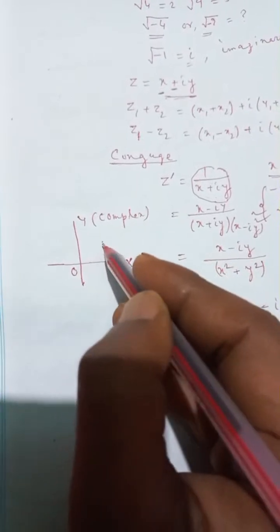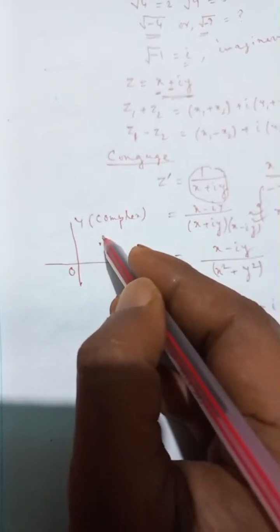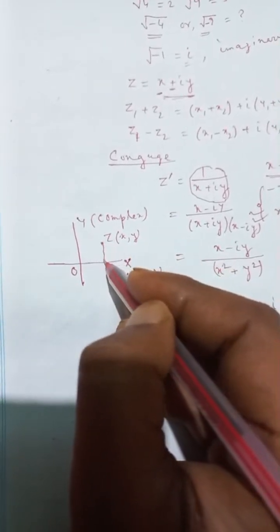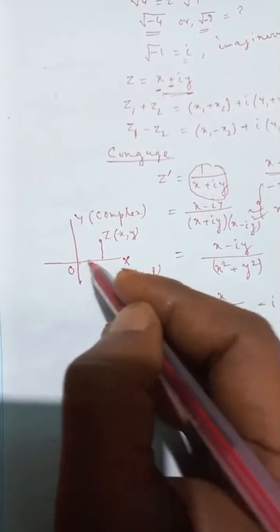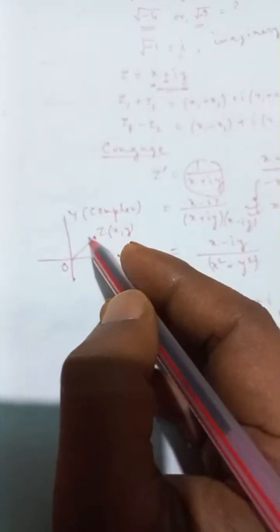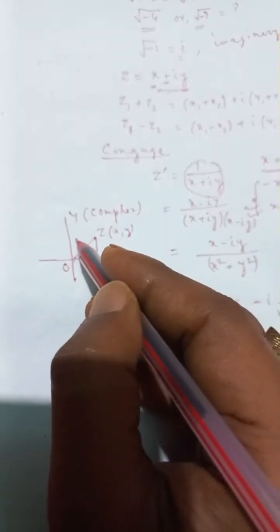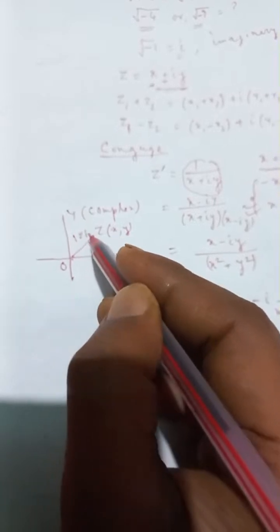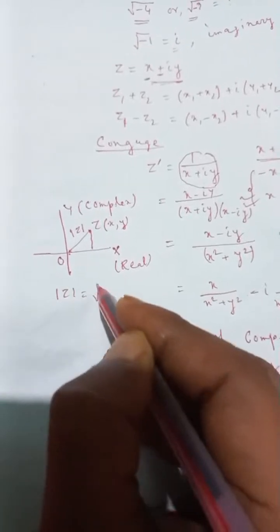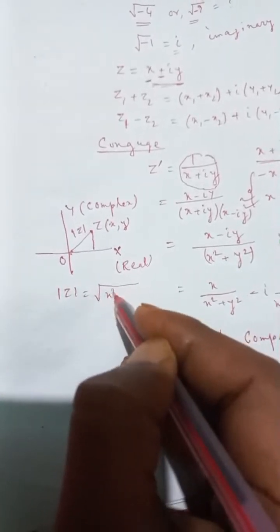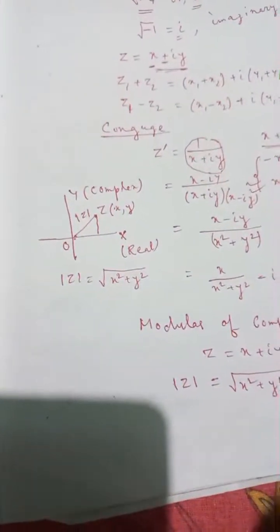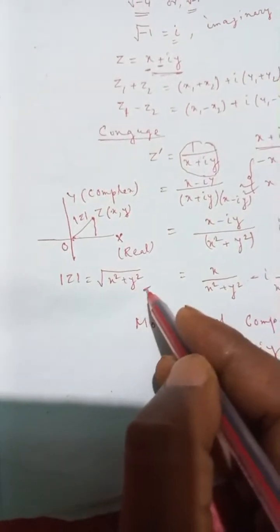Here, if z is represented by x, y, then this distance OZ represents the modulus of the complex number z. Mod z is equal to the square root of x square plus y square, which is always a non-negative number.